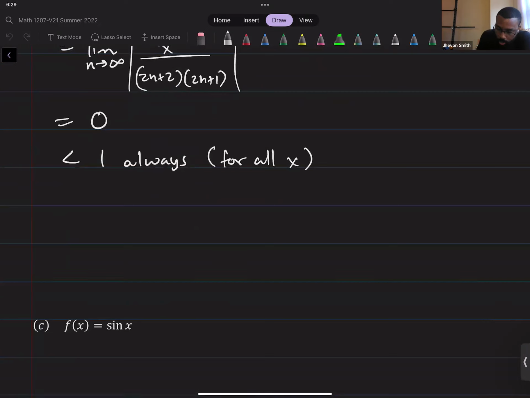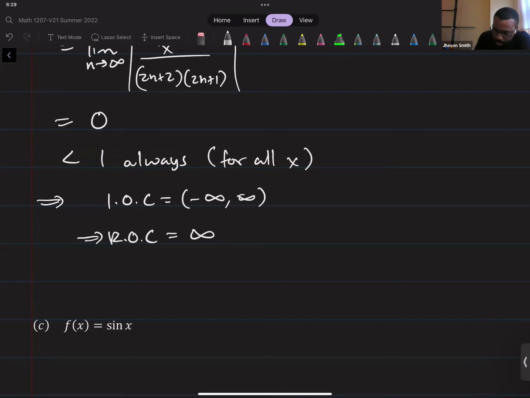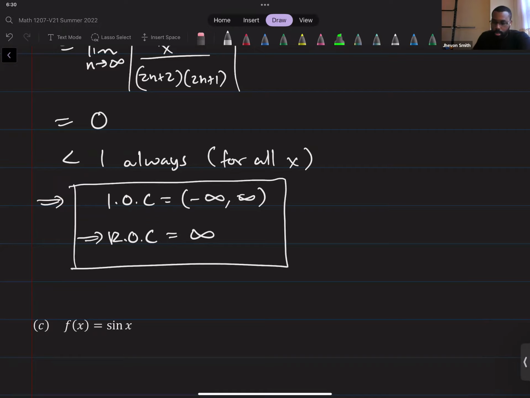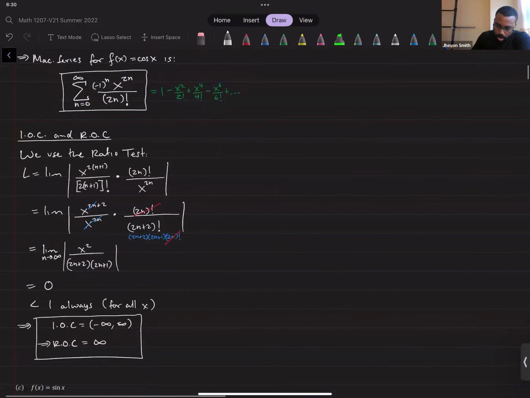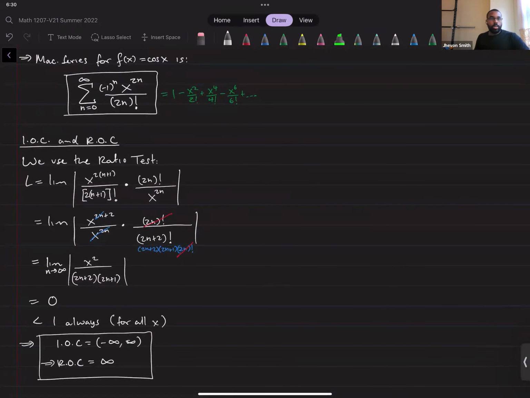So this is a situation where our interval of convergence is going to be everything. And that, of course, automatically implies that our radius of convergence is also infinite. So that's that.